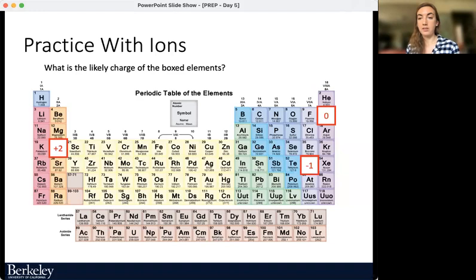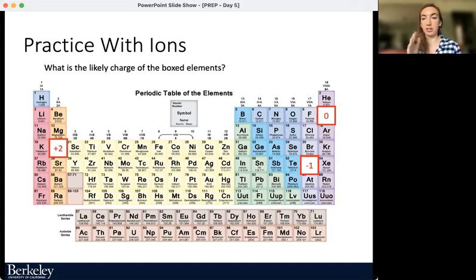Okay, so the last thing that we talked about on the previous slide is that atoms that are charged want to hang out with other atoms in such a way that they will have a total of 0 charge. So if one atom of calcium, which is +2, hangs out with one atom of iodine, which is -1, +2 plus -1 is still +1.